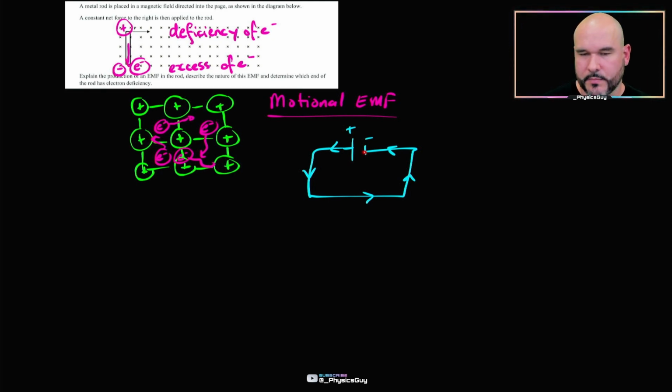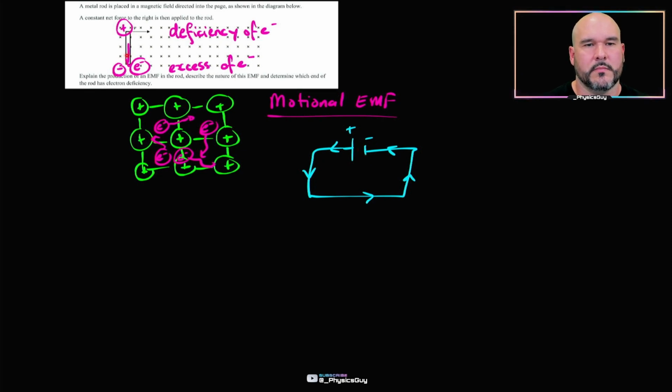So what actually happens, again, in the external circuit, yes, electrons go negative to positive, but in the internal circuit, that's where energy is given to the electron to drive it across to make this side negative in the first place.